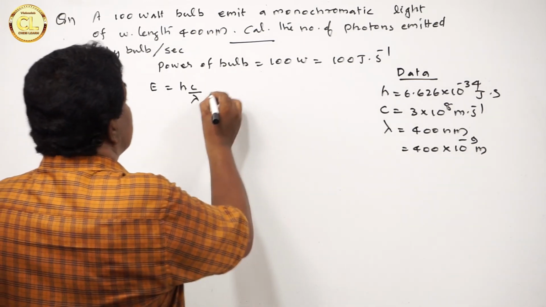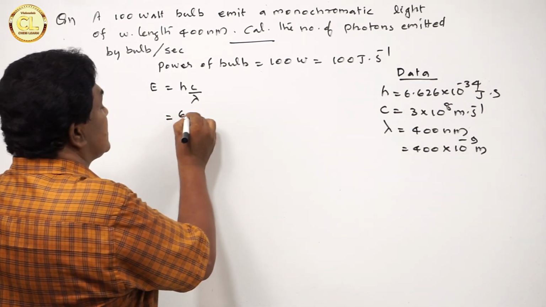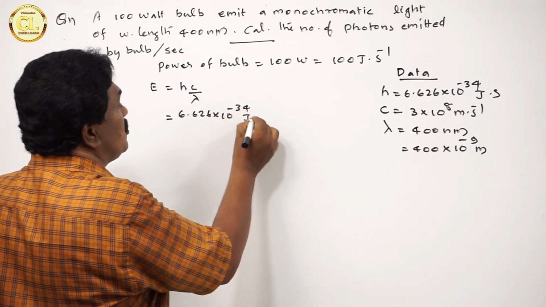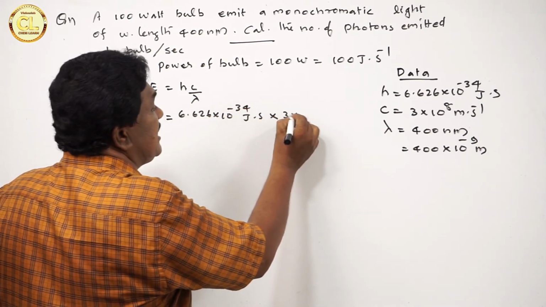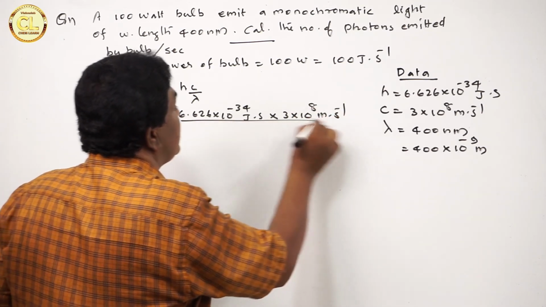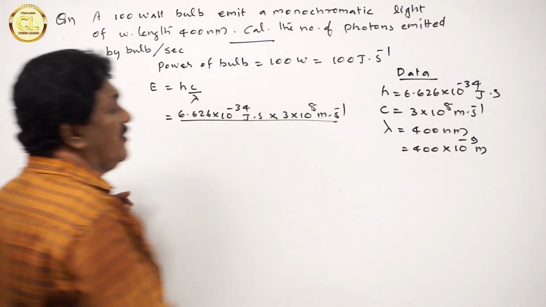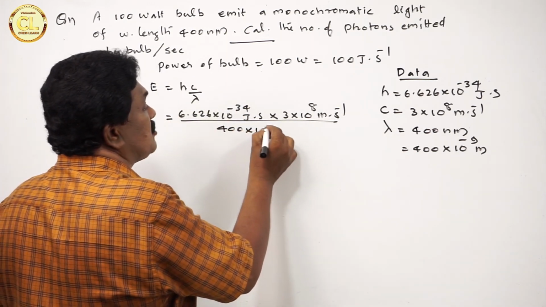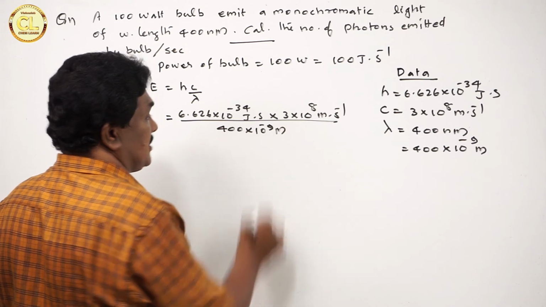Substituting the values here, we get 6.626 into 10 raised to minus 34 joule second into 3 into 10 raised to 8 meter per second, the whole divided by lambda, which is 400 into 10 raised to minus 9 meter.